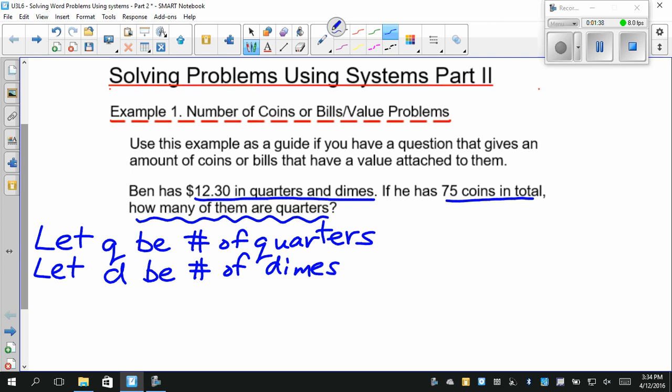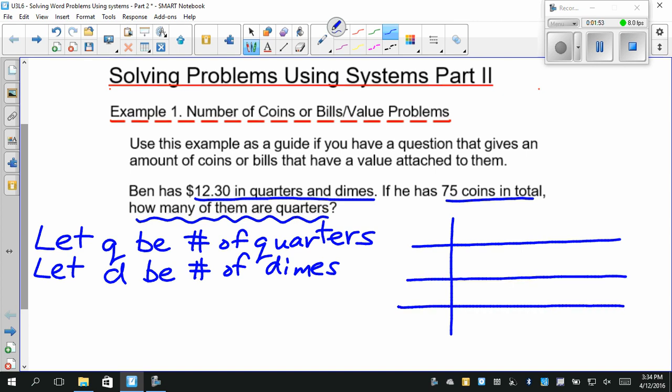Now for these problems, we can also use a table. I'm going to set up a table for this one. And for these ones, we use value, number, and money.